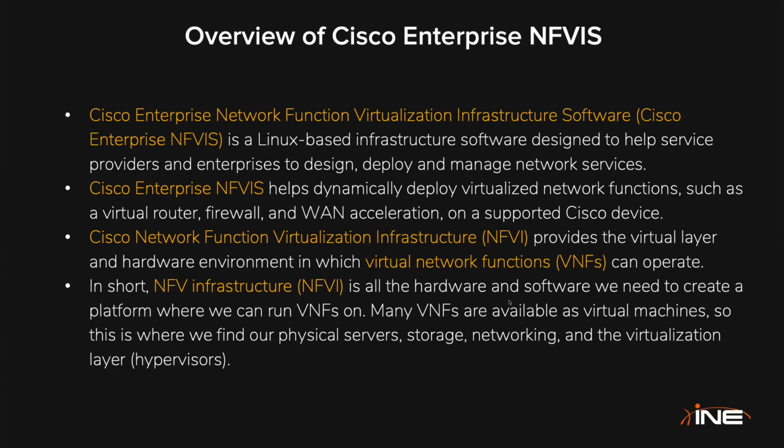So if you ever think about NFVI, think about your hardware, which could be your UCS blade, your physical servers, your storage, or your virtual networking. All that is done inside your hypervisor, with your hardware platform and your software platform coming together as NFVI. And that's where you will deploy your VNF.